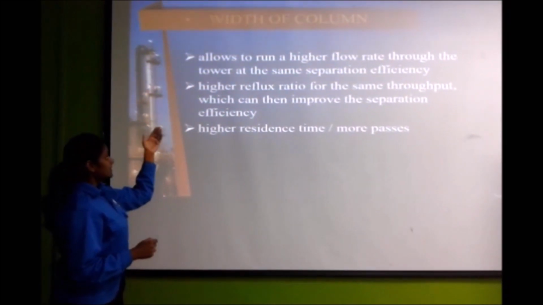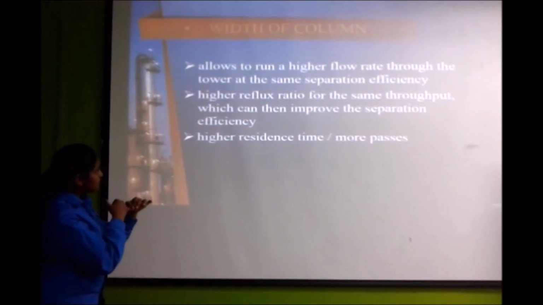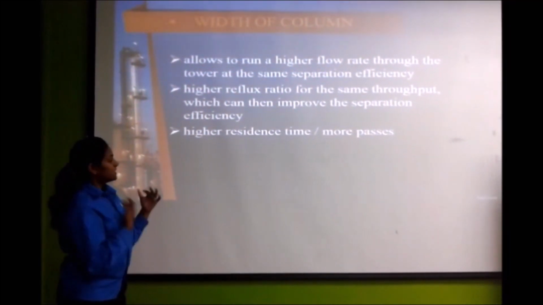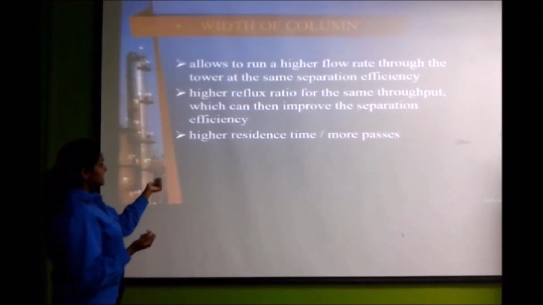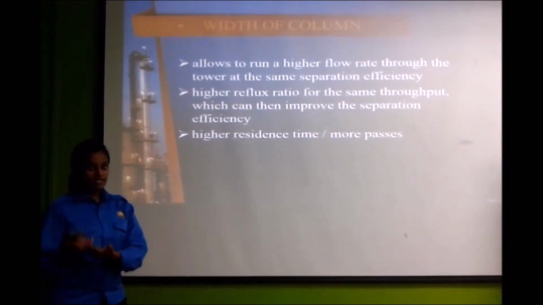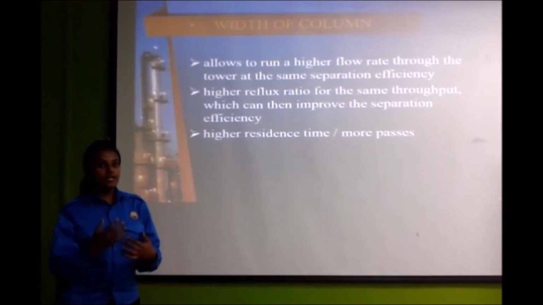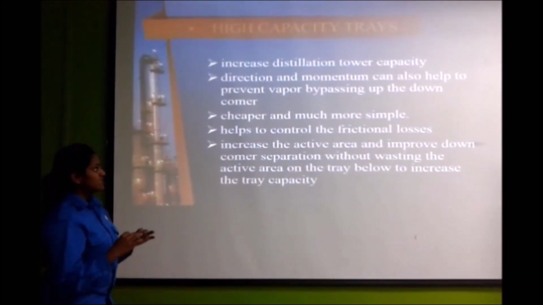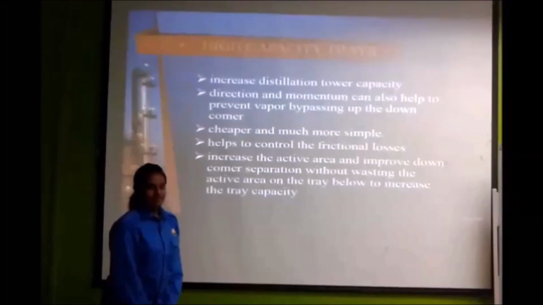Whereas the high reflux ratio, it will increase the separation efficiency. The next one is higher residency time, whereas it has more passes and it will bring out a very pure product, which may be 90% pure.